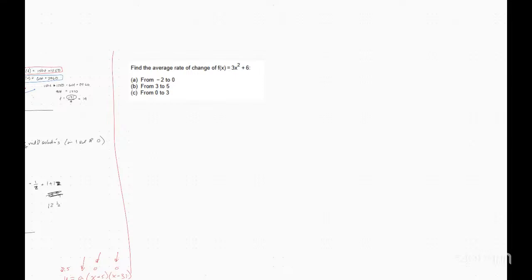The rate of change just means, if I take this graph, this is just a parabola opening up, going through 6, something like this, right? The average rate of change just means between -2 and 0.